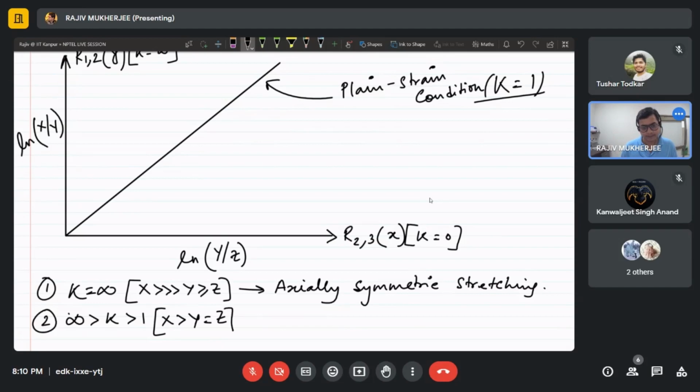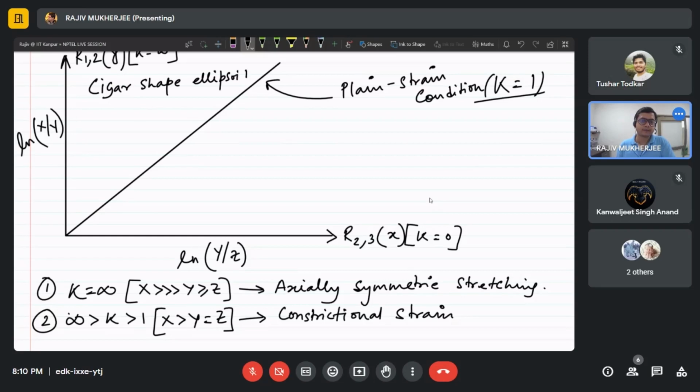or we can say cigar shape ellipsoid, which is known as prolate. Then of course we have k equal to 1, right?